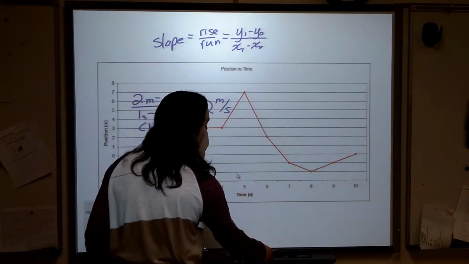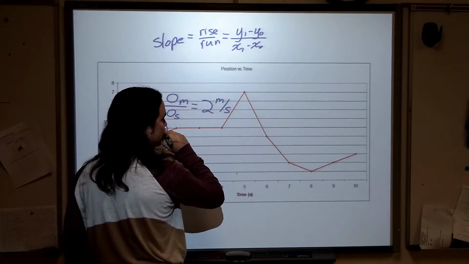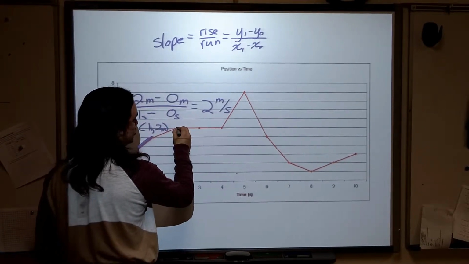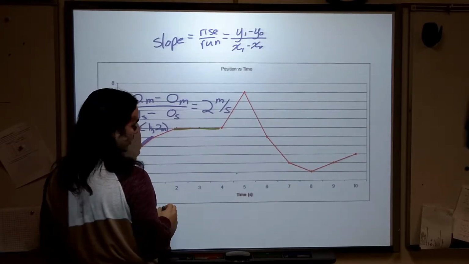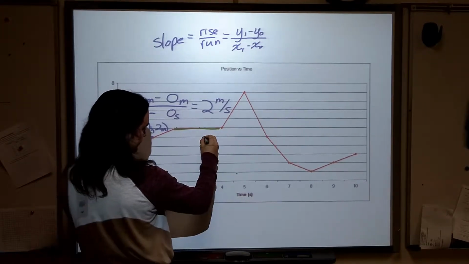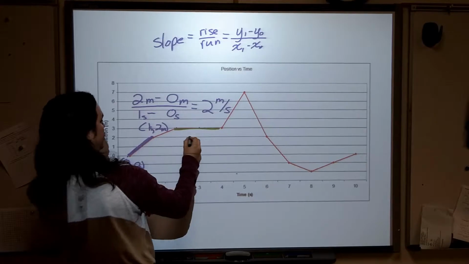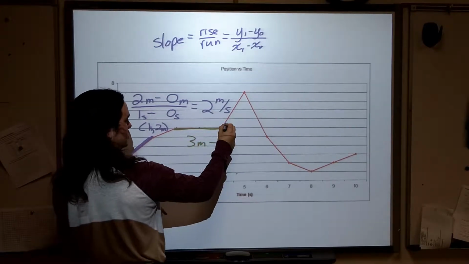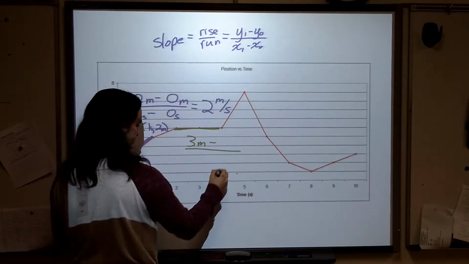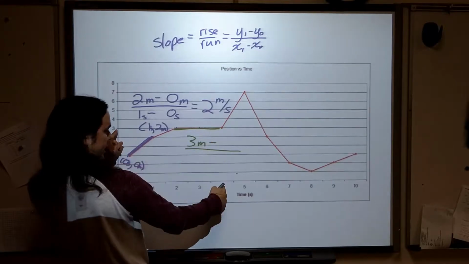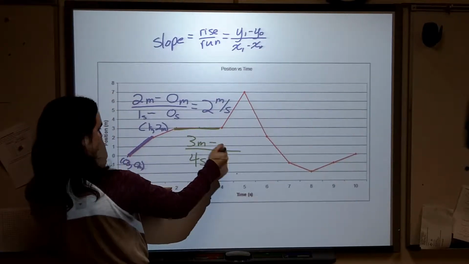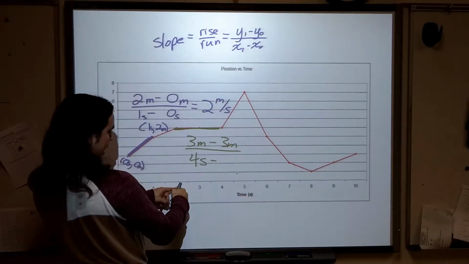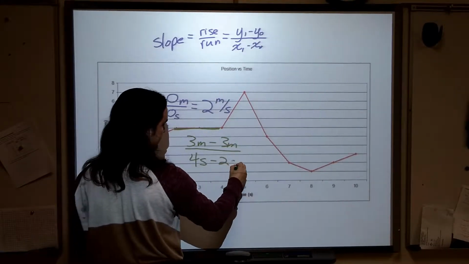Let's take a look at this. Let's look at a different section. Let's try in here, between these points here. So I would have, we're at 3 meters and 4 seconds, minus, over here we're at 3 meters and 2 seconds.